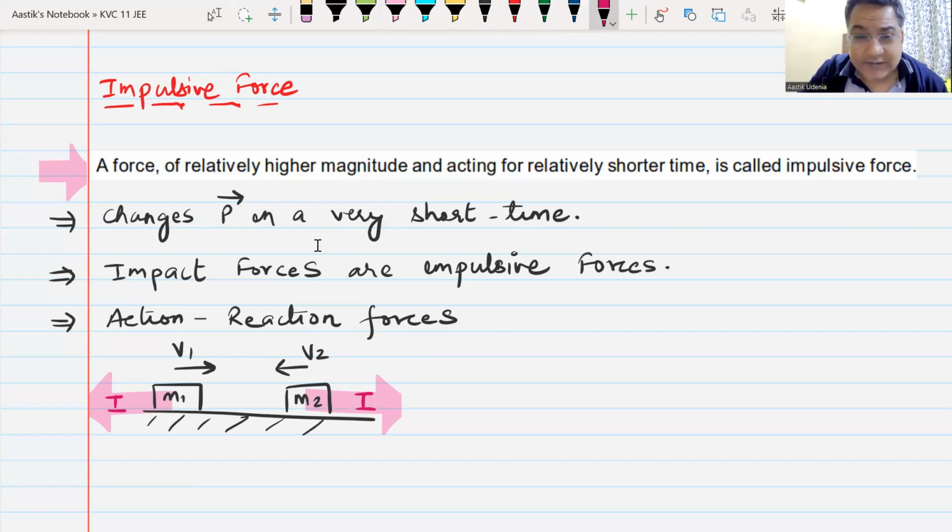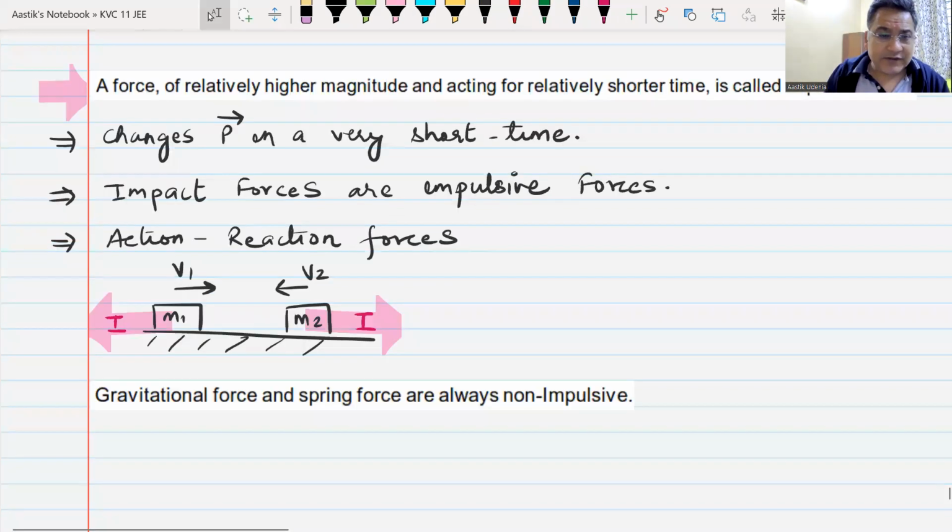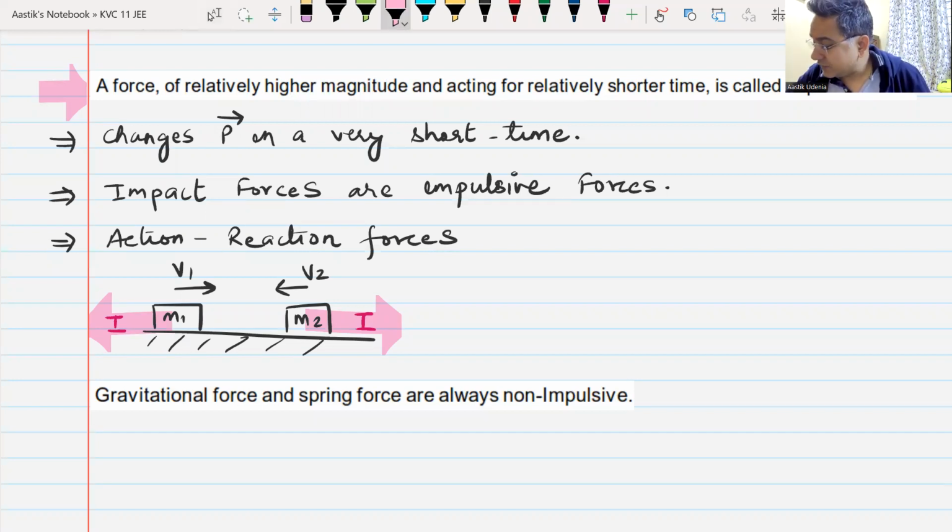Now, when there is an impact like this, gravitational and spring forces would also be present. But we will see that this gravitational force and spring force are not taken as impulsive forces. They are always non-impulsive.